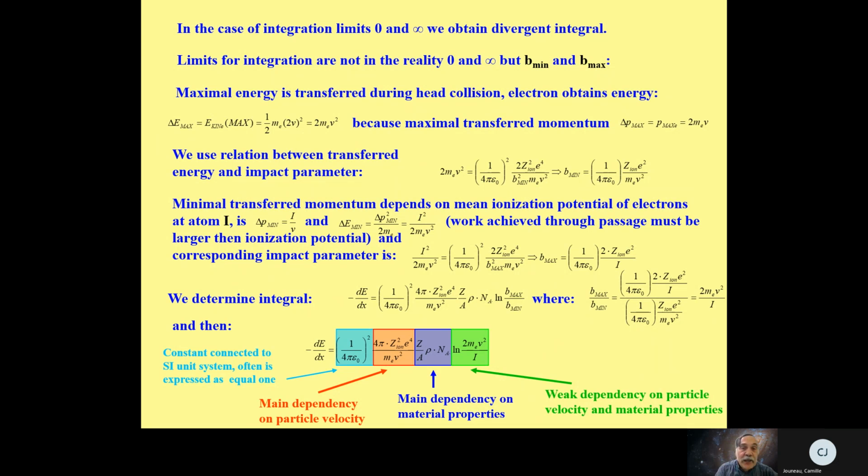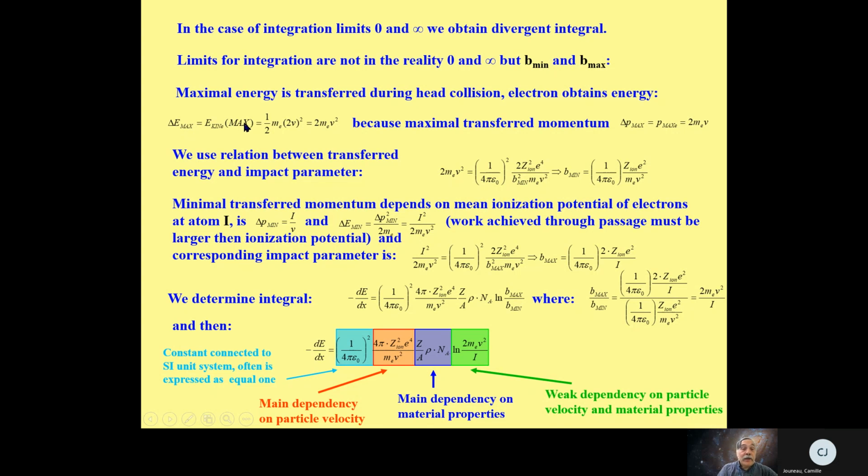In this case the maximal change of momentum will be 2 times the momentum of the electron, and this momentum is given by the velocity of the electron. From this change of momentum it is possible to calculate the maximal transferred energy.